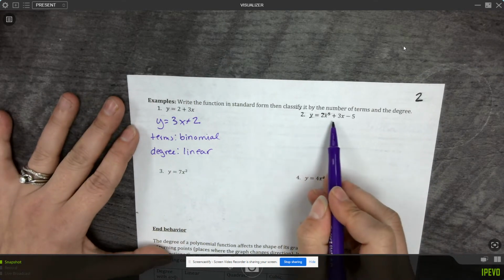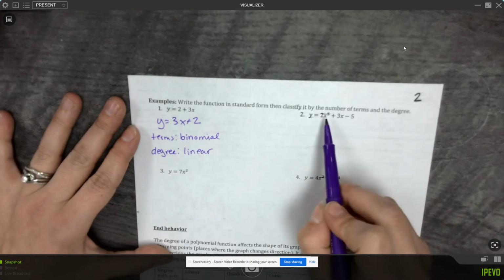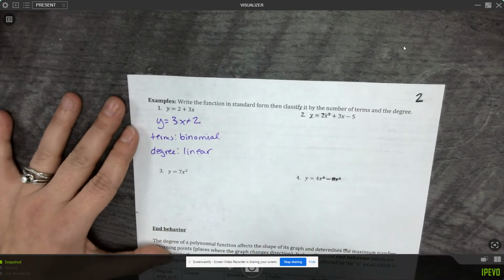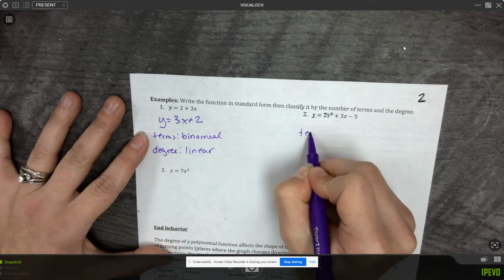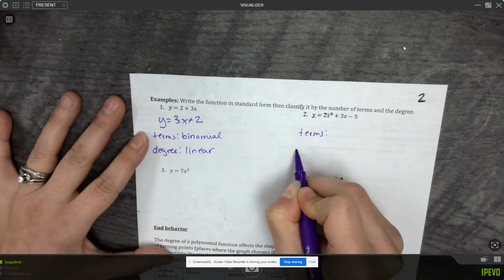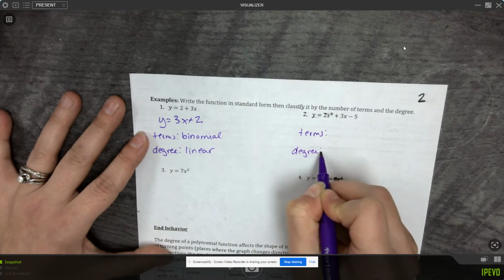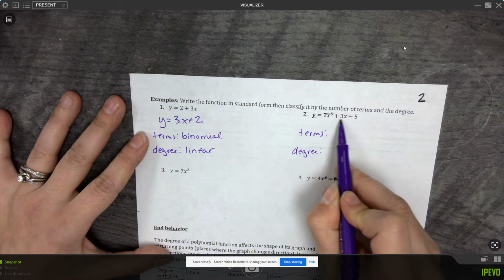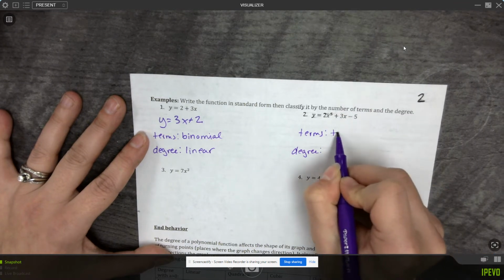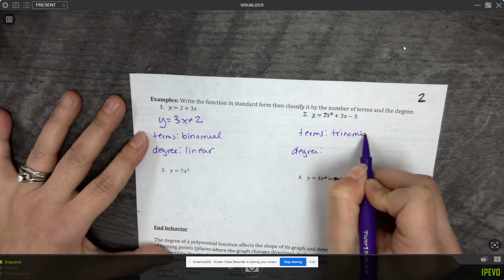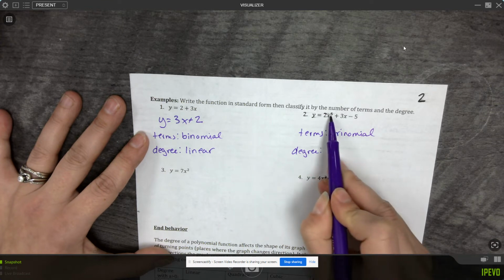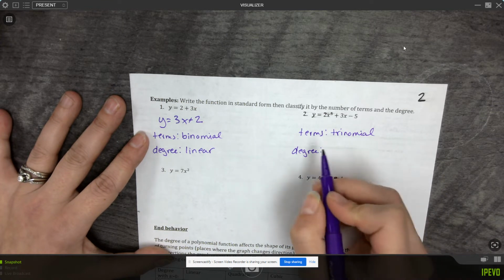In our next example, we already are in standard form, the 5th and then the 1 and then the none, already in order. So now let's just classify by the terms and the degree. There are 1, 2, 3 terms, makes that a trinomial. And your largest exponent is 5, makes that quintic.